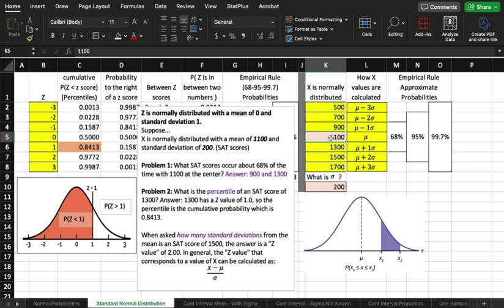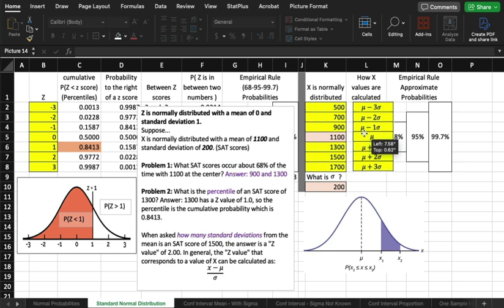The first number you want to type in is here in K5. That's your mean mu. The mean mu is 1100, and that gets typed into K5. And then down here, the value of sigma gets typed into K10. I'm going to move this little thing over a little bit because we're going to need to anchor things.